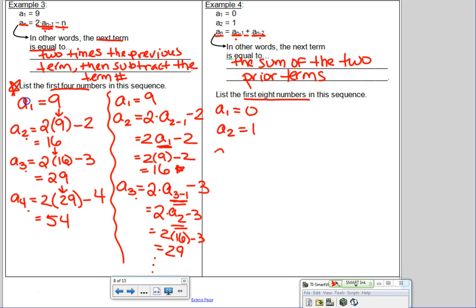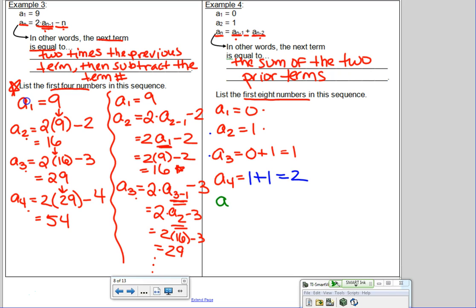So if I want to do A sub 3, the 2 prior terms were 0 and 1. So that would be 0 plus 1. Or you could do 1 plus 0. A sub 4 then would equal the 2 prior terms. That would be the A3 and the A2 terms. So that would be 1 plus 1, which is 2.